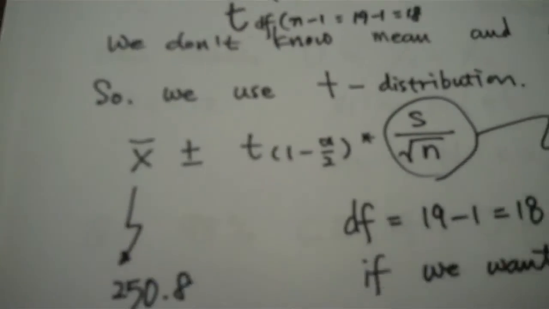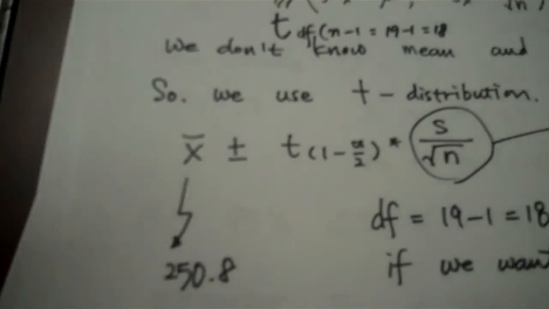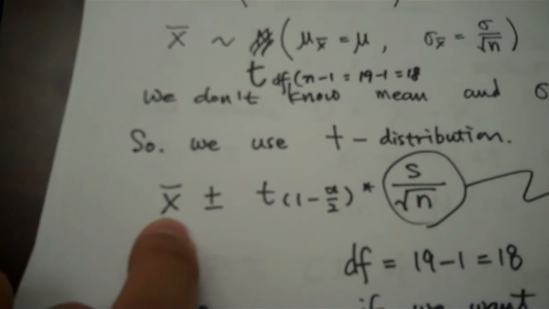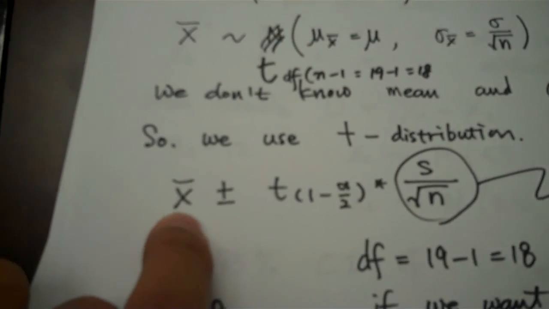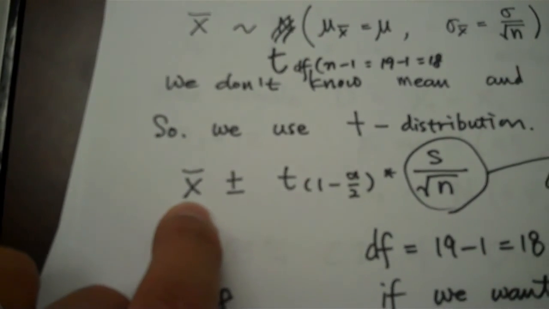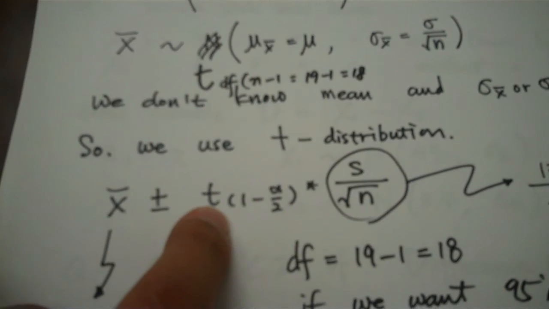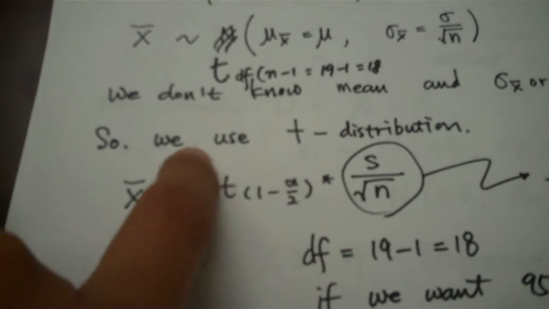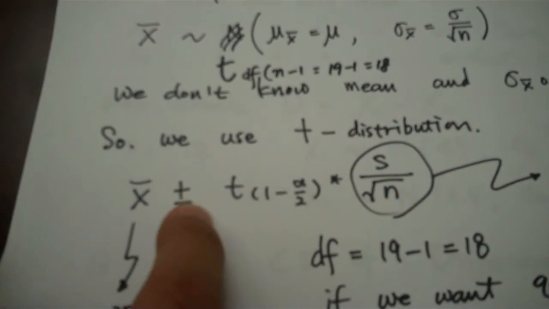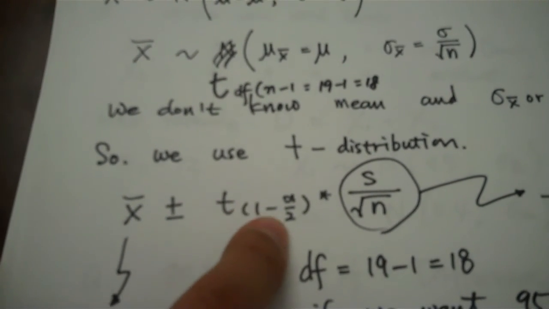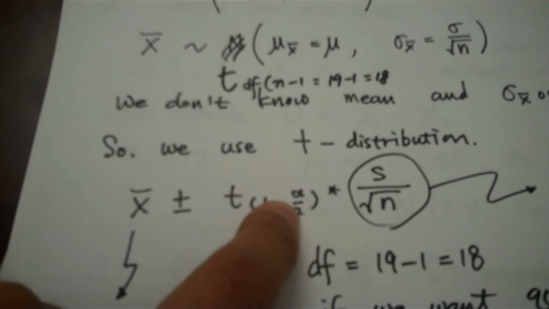Anyway, we use the t-distribution. The estimator is x bar, because we want to estimate the mean of the population, plus or minus the t-distribution reliability coefficient, that is t with 1 minus alpha over 2.